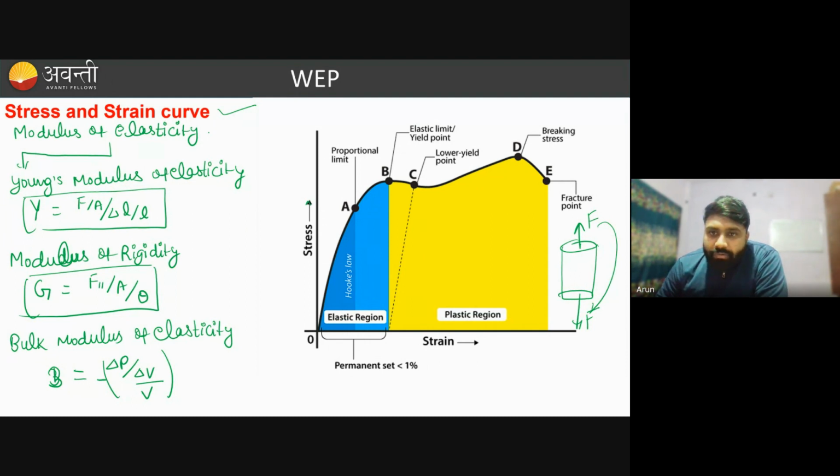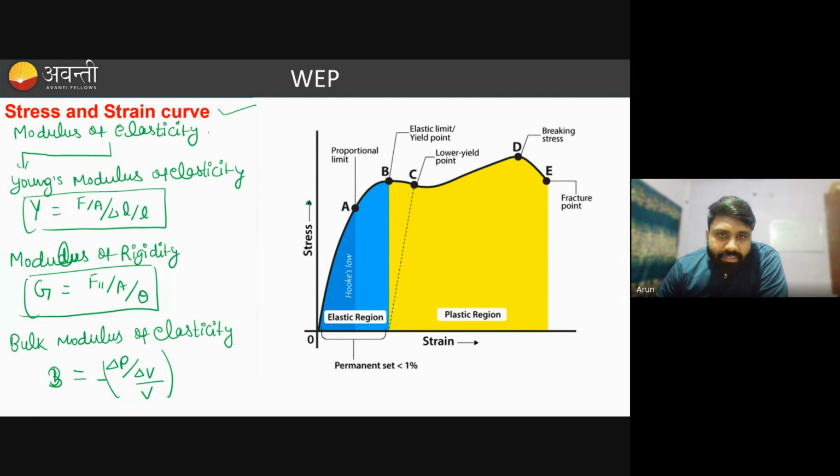Okay, so this force is gradually increasing. So if this force is gradually increasing, the stress will be gradually increased, and in a similar way, strain also increases. So we will note that value and plot a curve which is called the stress and strain curve.